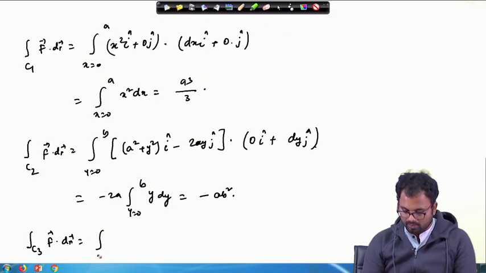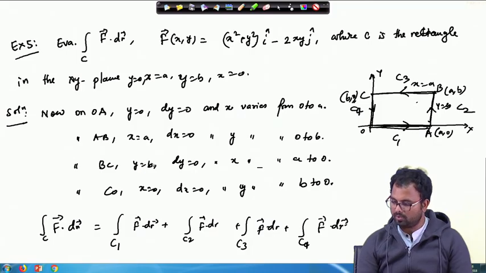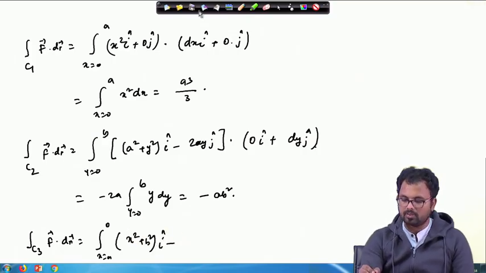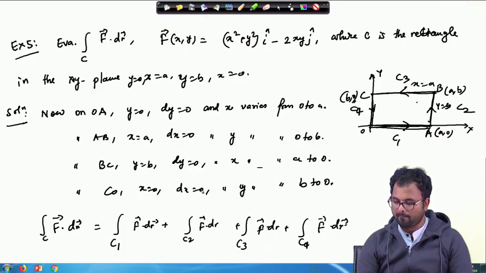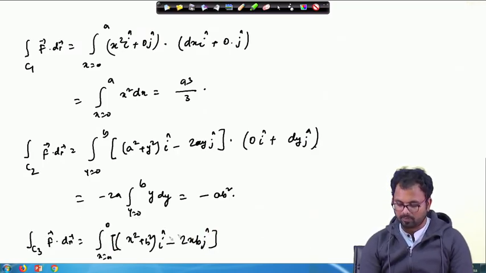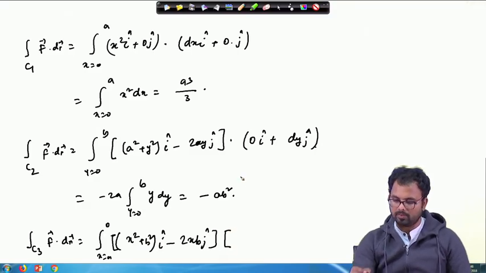So what we will get is basically this. We have x running from a to 0, and y is b. So this one will be x square plus b square times i minus 2 x b j, and then this will be dx i plus dy j.